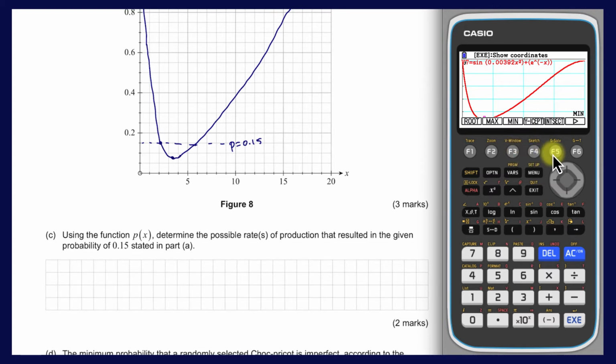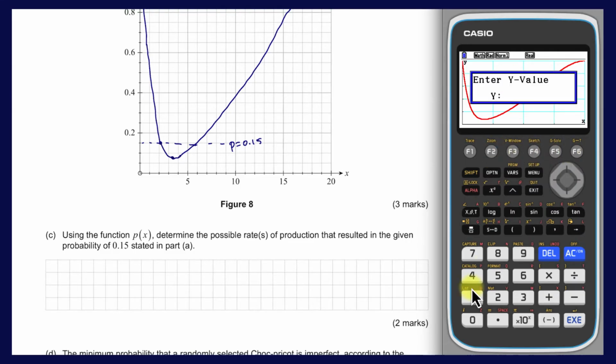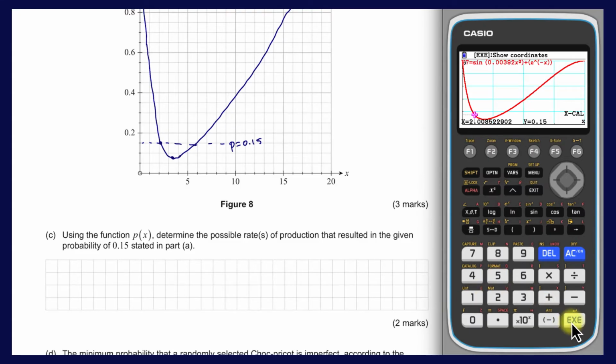So that's a G-solve around the corner, an x calculation, and the y value I'm looking for is the probability 0.15. Calculator picks up the first one, 2.008, so 2.01 to 3 figures, and the second one moving across, 6.15, will be the second value.